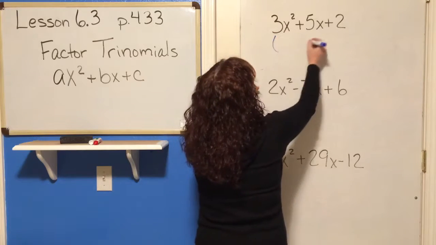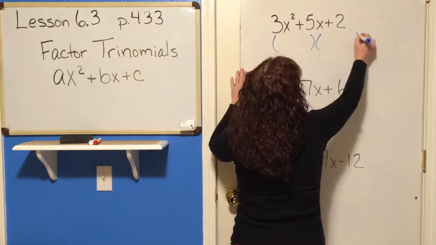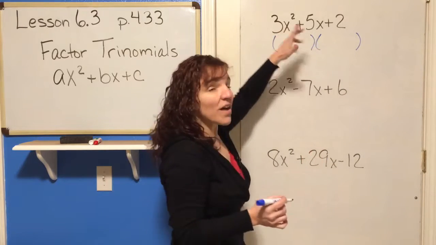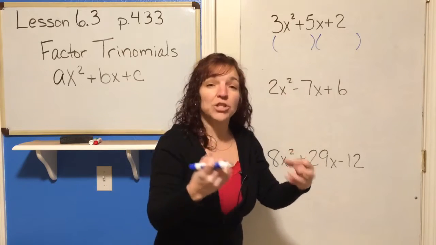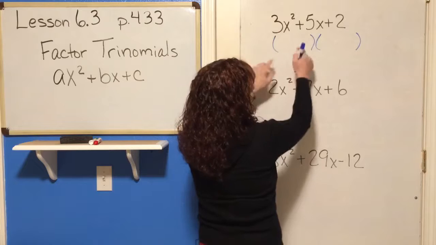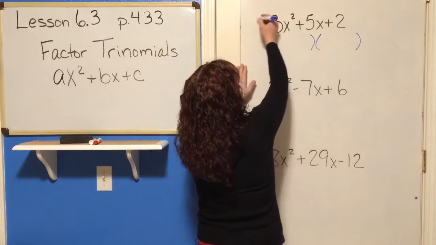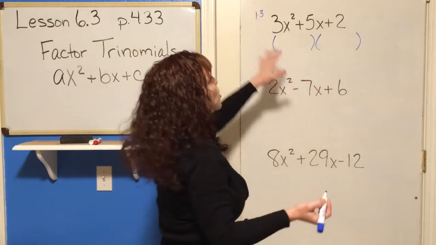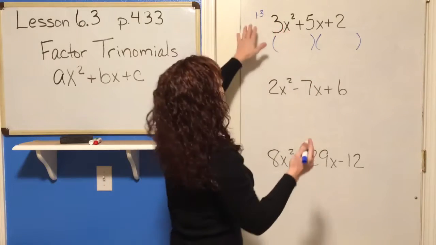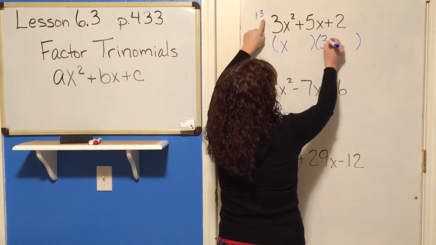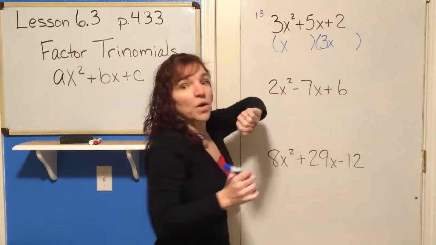Watch this. In order to get that first term, we have to look at what combinations make it. We know for sure that x times x makes x squared, but now we have to see, 1 times 3 makes 3. Those are the only choices, so in this case it's rather simple. We've got x and 3x to make 3x squared.